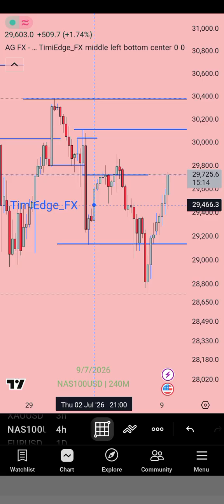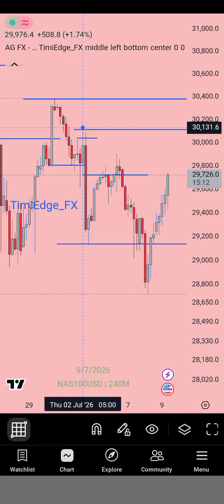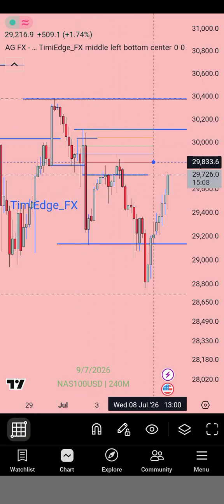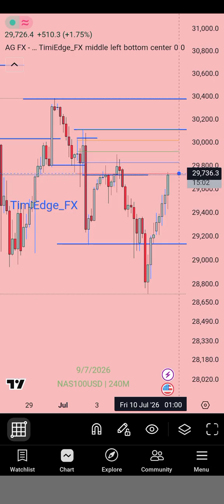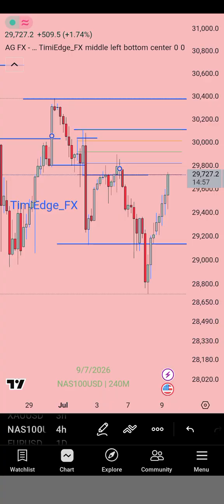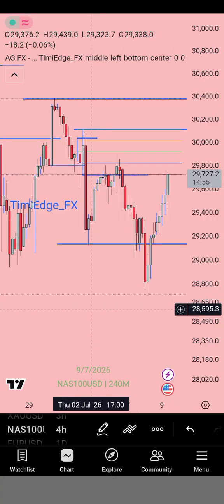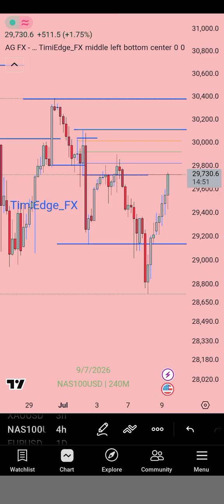And this is the dealing range of the other block, right? So that's the dealing range of that other block, right? And as you can see, price did not even pull back to the 50% quadrant, right?